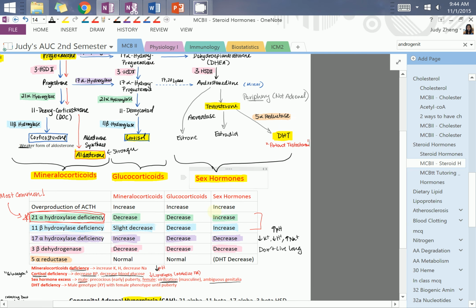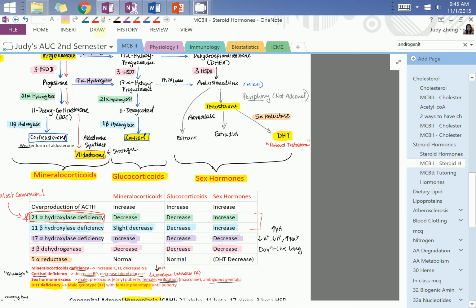So if you have a DHT deficiency, you're technically not having a deficiency in sex hormones because you can still produce the same amount of testosterone. But with a DHT deficiency, you can present with a male genotype, but since it's lacking this more potent form of testosterone, phenotypically they'll appear to be more female.